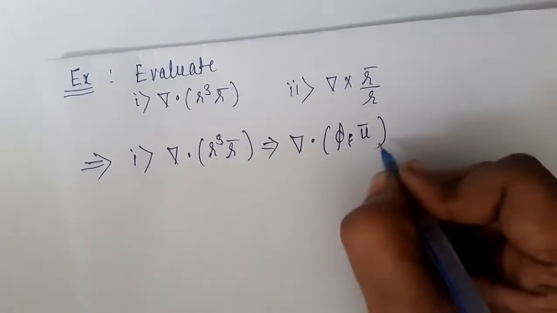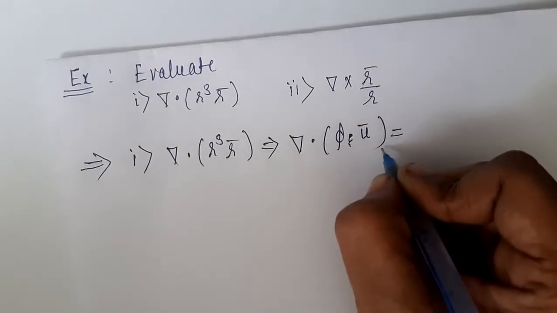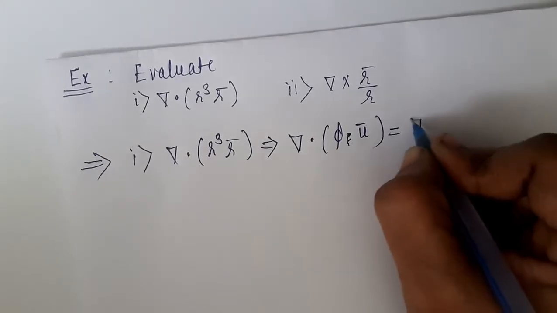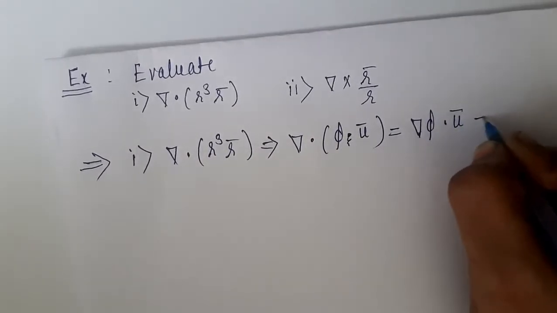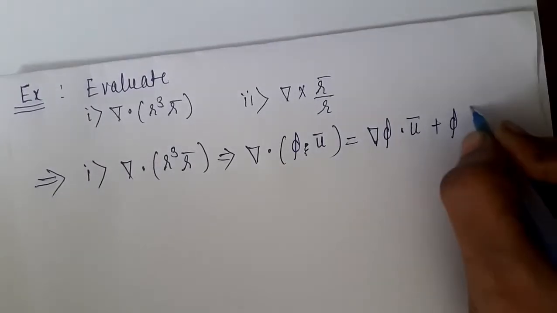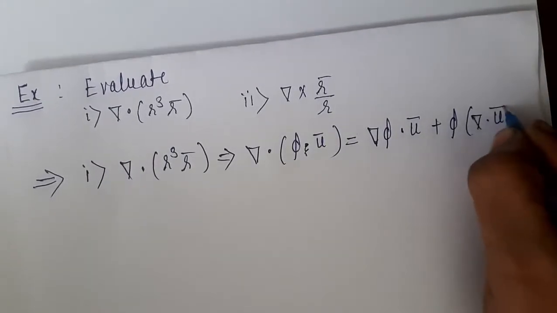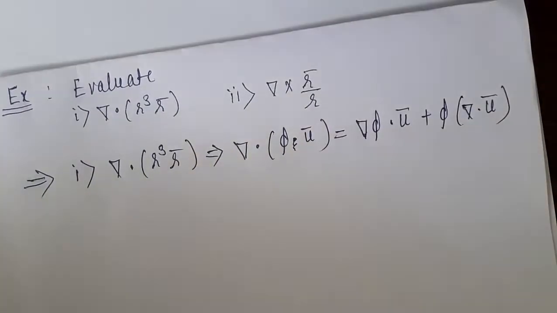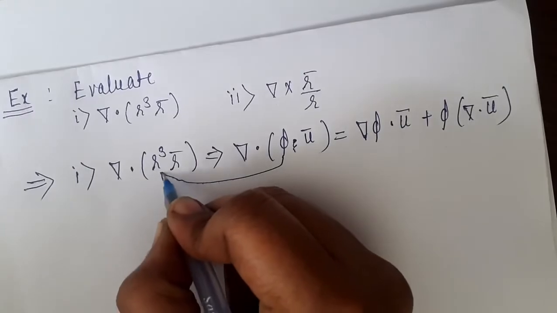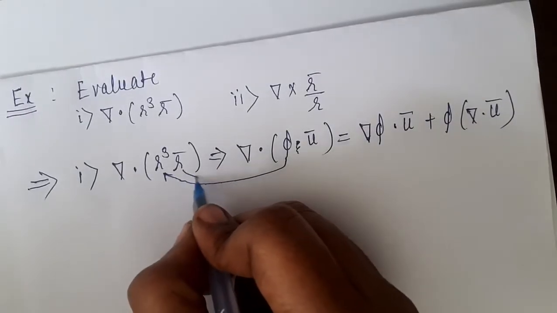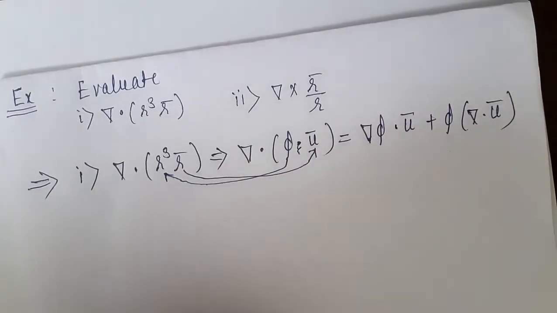What is del dot phi into u by vector identity? It is del phi dot u plus phi outside del dot u. Now compare u and phi here. Phi is nothing but our r cube, and the r vector is our u vector.